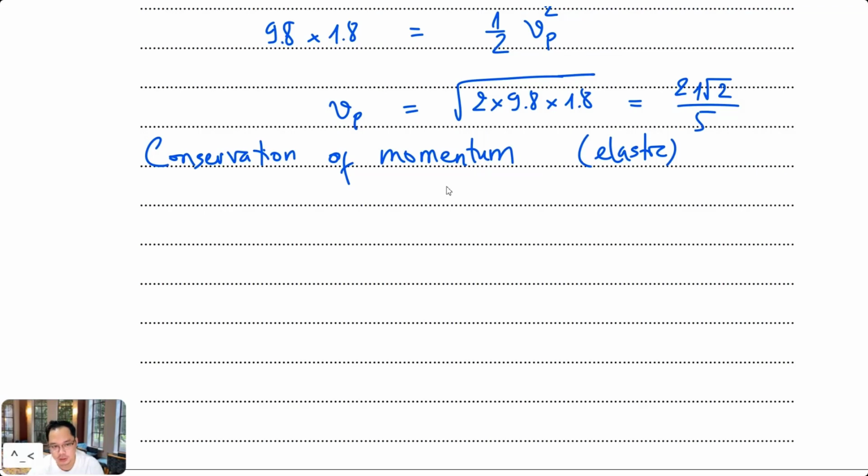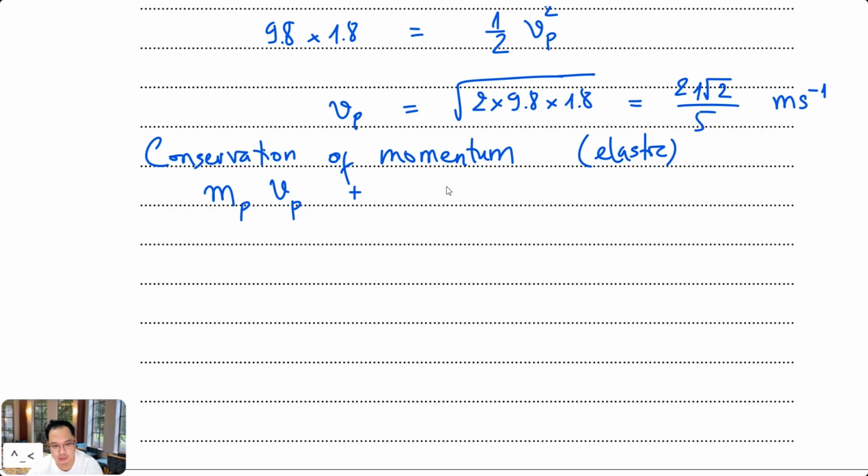The conservation of momentum is written as follows: the mass of the particle P multiplied by its velocity, which has the magnitude 21 square root 2 over 5 meters per second, moving from left to right.